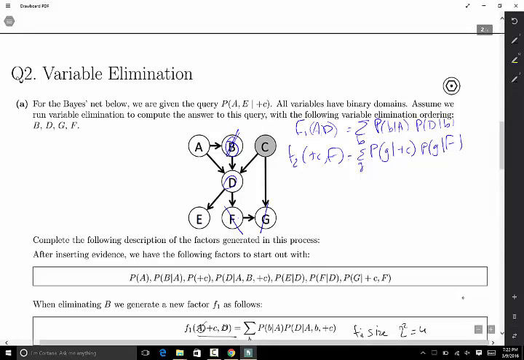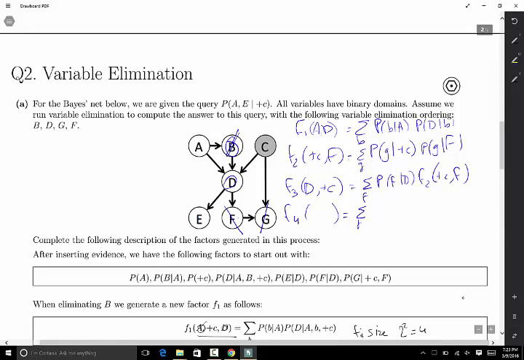Next we can eliminate F, which should give us the sum over F of P of F given D and factor 2 of plus C and little f, which again is a factor that only has size 2 since C doesn't count. And finally we can eliminate our last variable D, and hopefully we have a small enough factor.